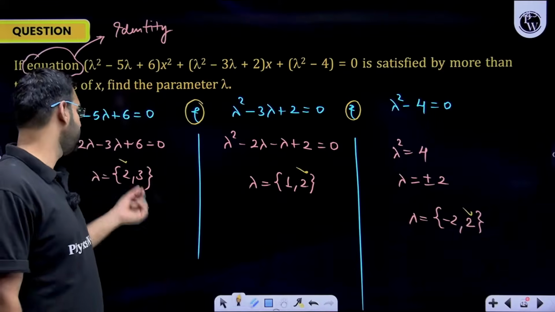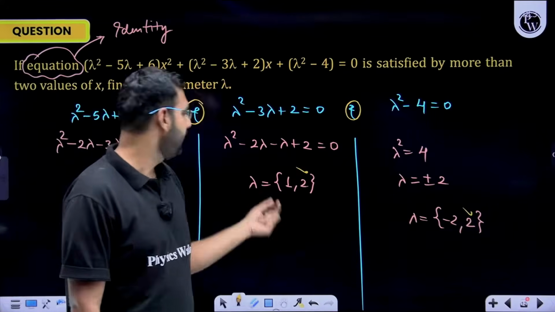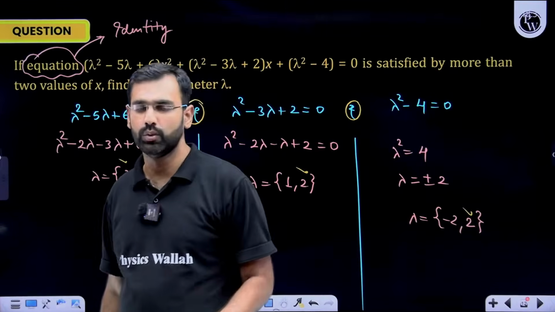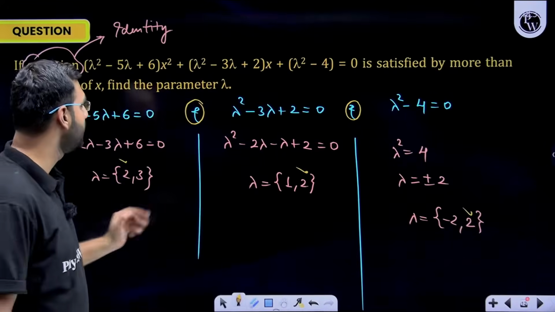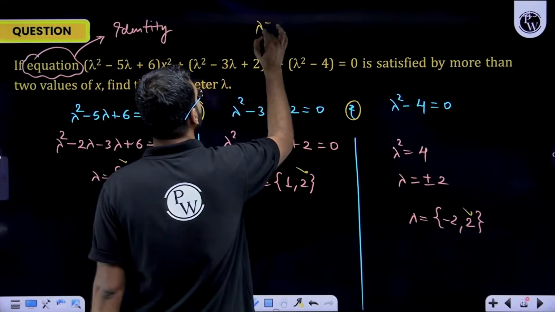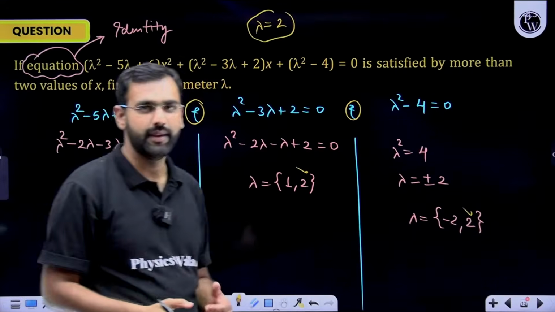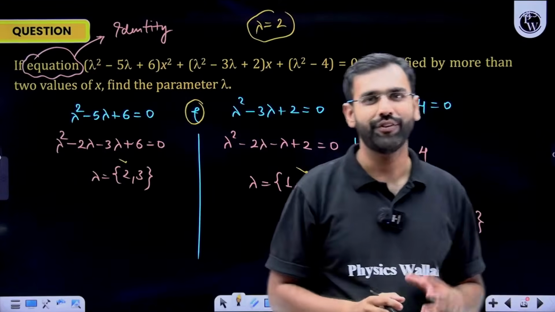Otherwise not. If I put 3 here, this becomes 0, but they don't. If I put 1 here, this becomes 0, but they don't. If I put minus 2 here, these two don't become 0, which means the common value among them is 2. So the answer would have been lambda as 2. So if lambda is 2, this will be an identity instead of an equation.